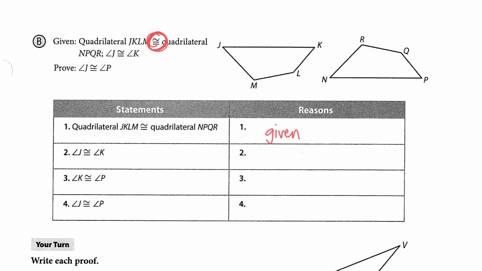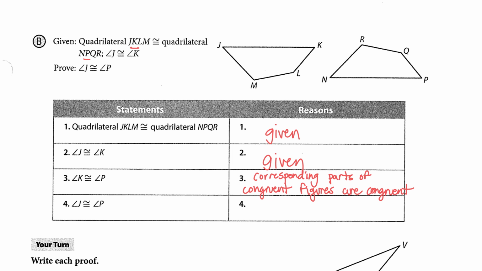And their second statement says angle J is congruent to angle K, which was also given to us in the problem. Then they said angle K is congruent to angle P. That wasn't explicitly stated, but because it's written as second and second in the order of the congruence, we know by corresponding parts of congruent figures are congruent.